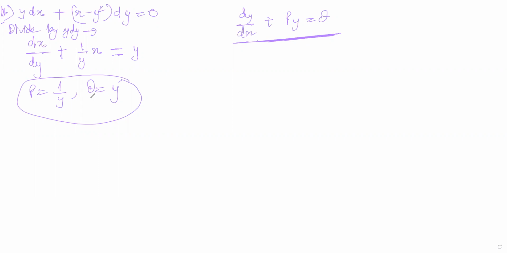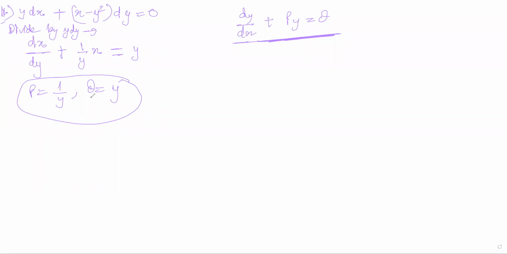Correct. And we can take dy and dx to the other sides. Yeah, dy by root of 1 minus y square is equal to dx by root of 1 minus x square.